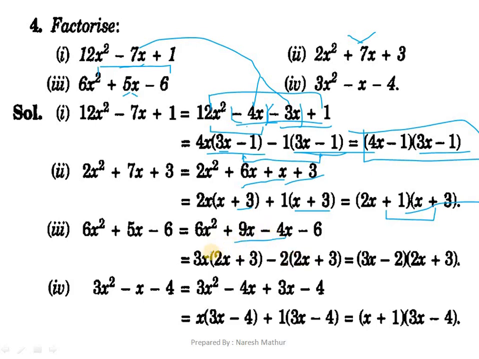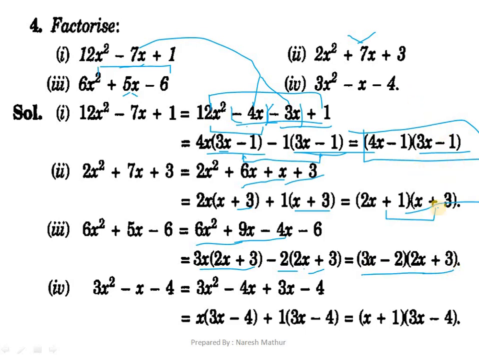So yes, we are doing right. Just take 3x as a common, so we'll have 2x plus 3 in the brackets. Again from the minus 4x and minus 6 we'll take minus 2 as a common, so that we can get 2x plus 3 here. Just write 2x plus 3, and the remaining terms as 3x and minus 2. So this is the required factor.